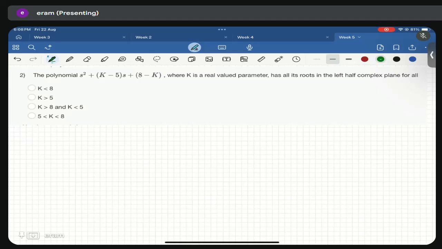This question is based on the previous week concept only. If you remember that, you can solve it very easily.